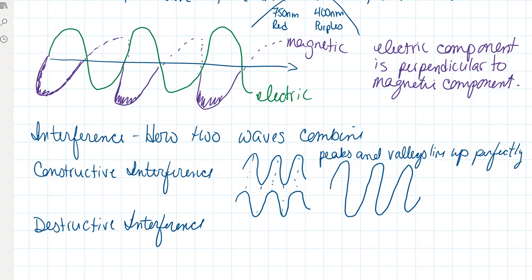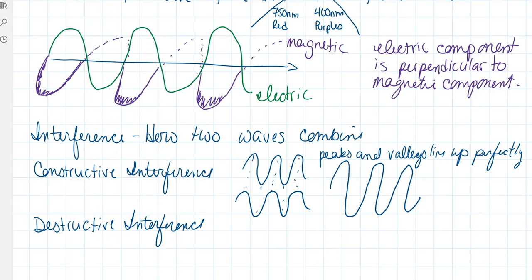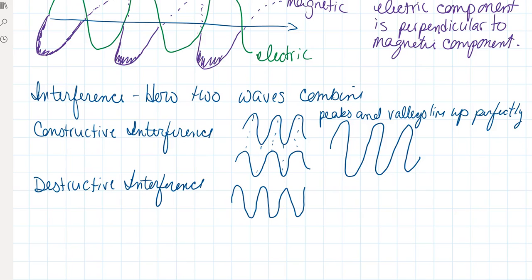But with destructive interference, instead of combining together, my waves are going to be offset from one another by half of a wavelength. So that means instead of starting up, they might start down.